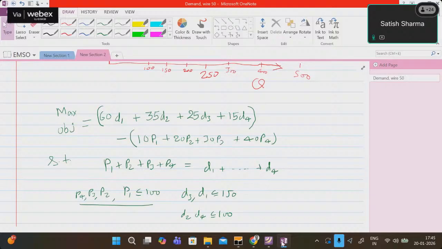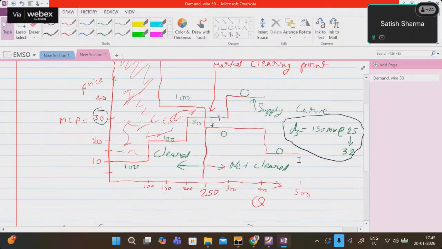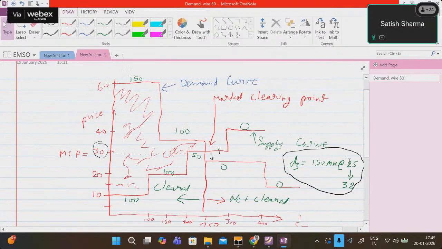I asked you to solve this particular problem, when the asking price for demand D3 is increased from 25 to 32. What will happen? Anyone? 32 is here. So instead of going down, this demand curve will move in this particular direction from here up to this part. Let me erase.